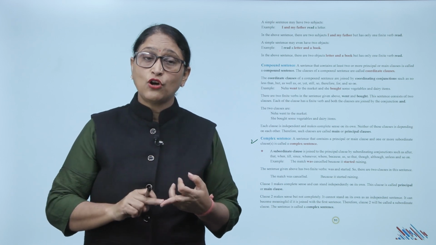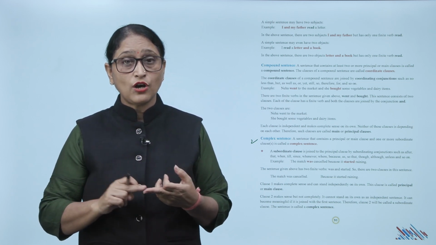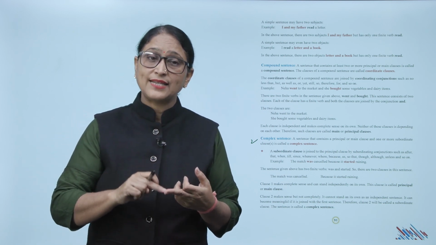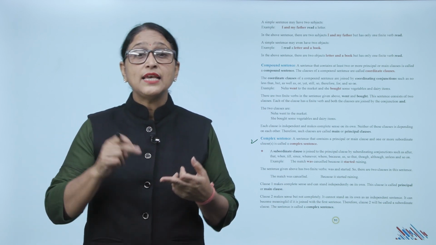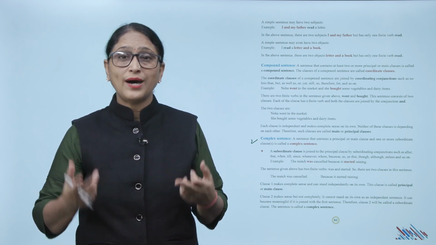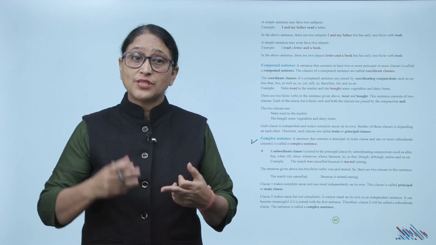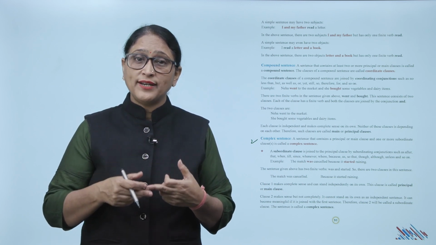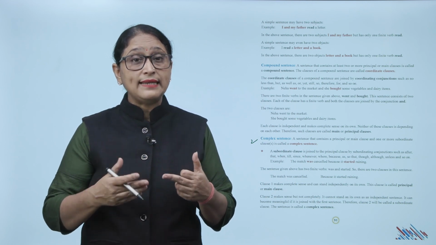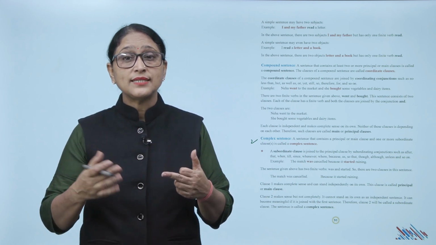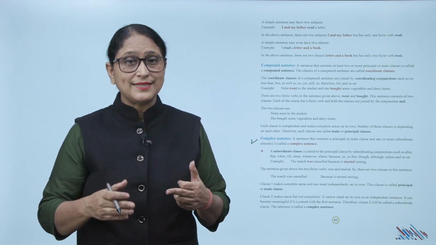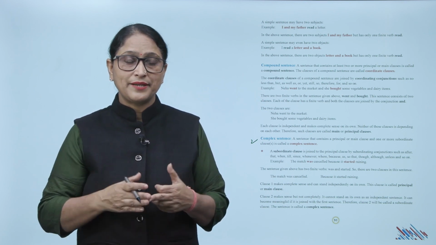A subordinate clause is joined to the principal clause by subordinating conjunctions such as after, that, when, till, since, whenever, where, because, so that, though, although, unless and so on. जो subordinate clause होगा वो subordinating conjunction से उसको add किया होगा जैसे till, since, whenever, because इनको use करके. Now example, the match was cancelled because it started raining.